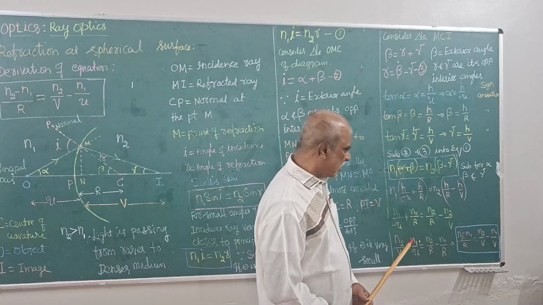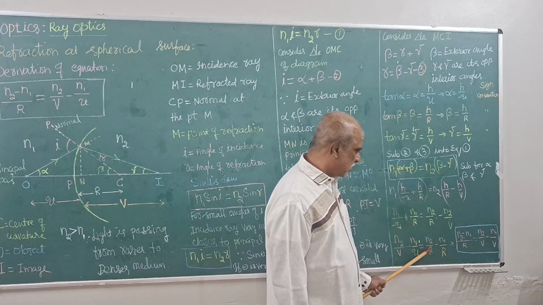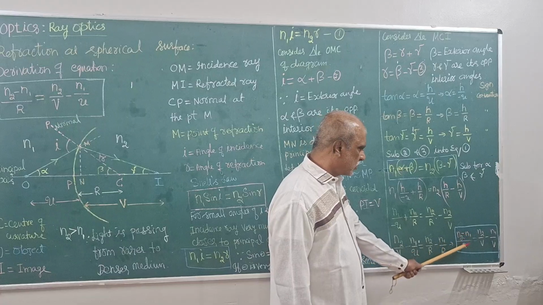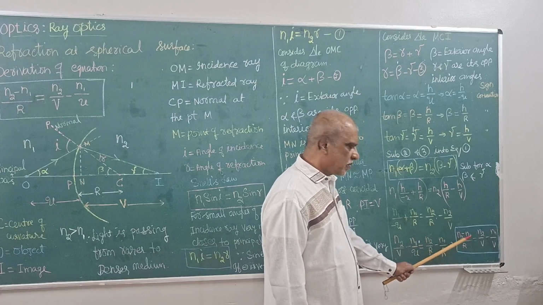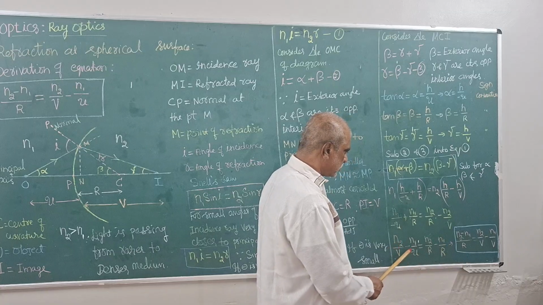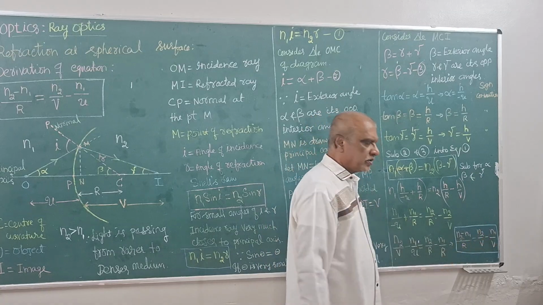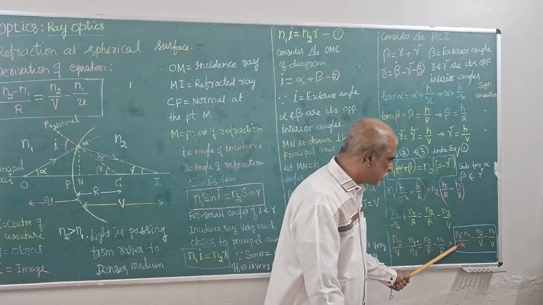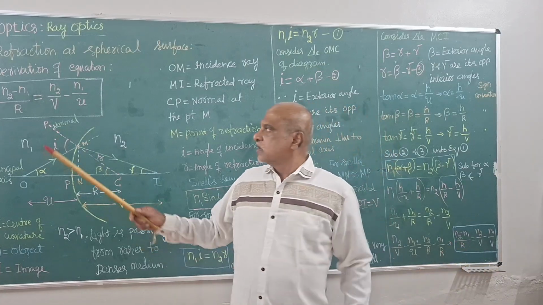Again, further rearrangement, taking R as a common factor in the denominator, N2 minus N1 over R, equals N2 by V minus N1 by U. So finally we arrive at this equation.